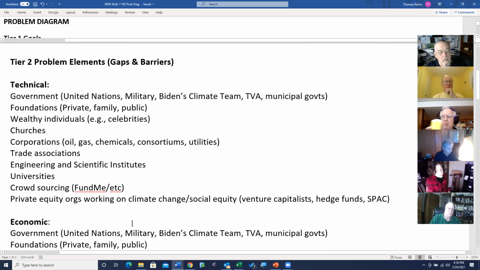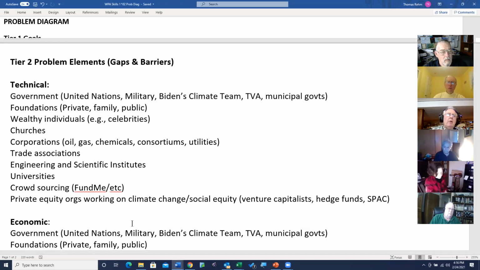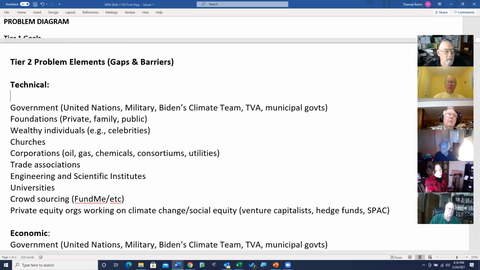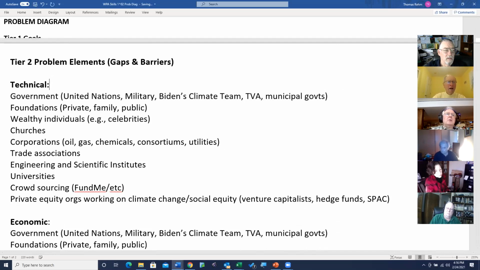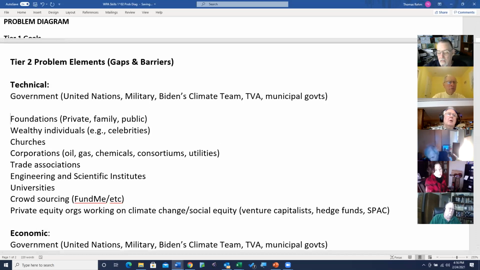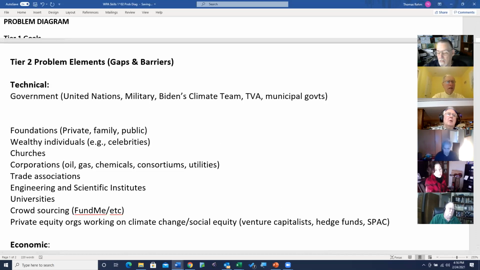And then put a space under this one. I can't see your cursor. At the end of under government, put a space there. Put a couple spaces.